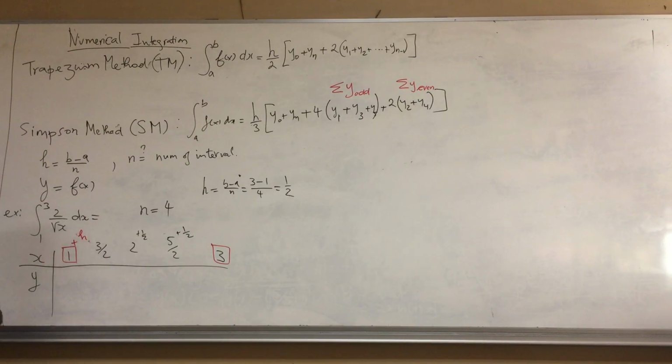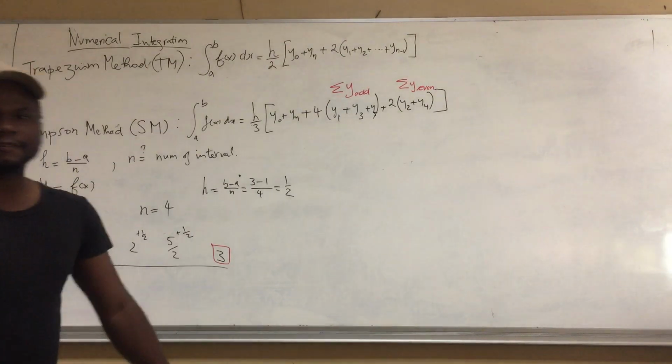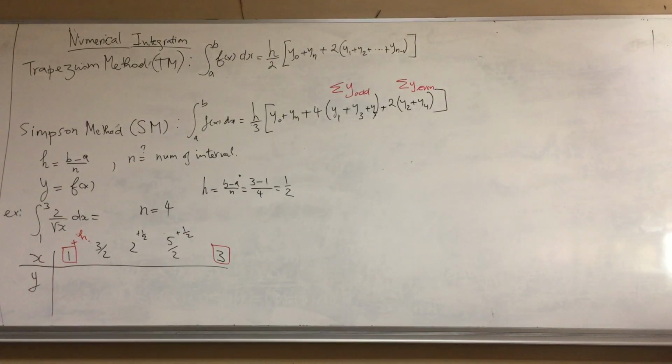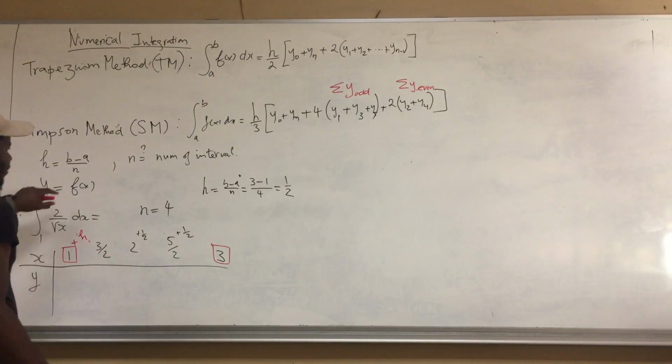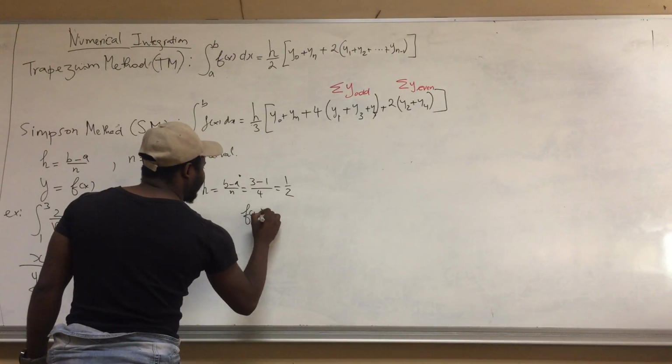Now, how do I find my y? You simply go to your function and replace x by those values: 1, 3 over 2, 2, 5 over 2, and the last one is 3. I told you that y equals f of x. What is f of x?